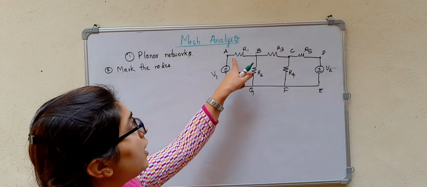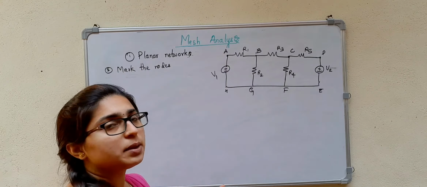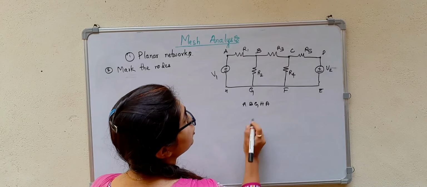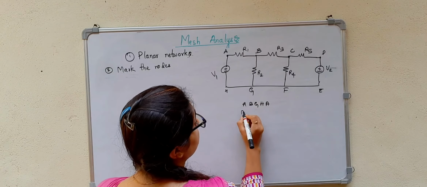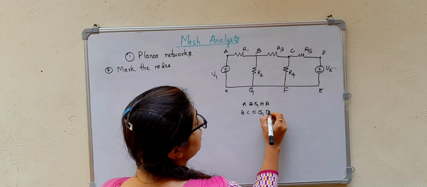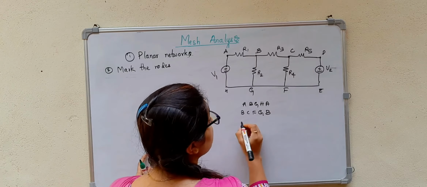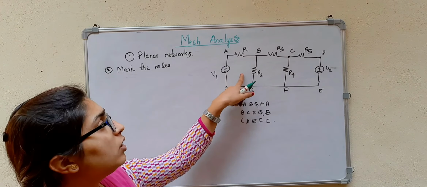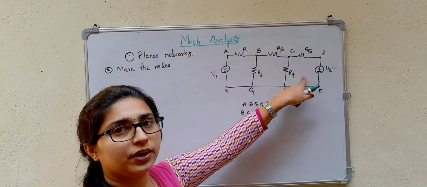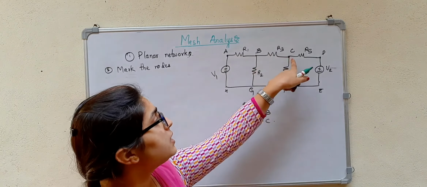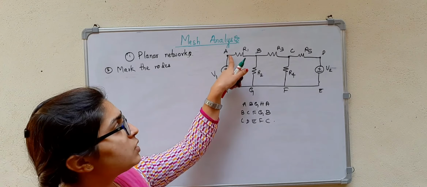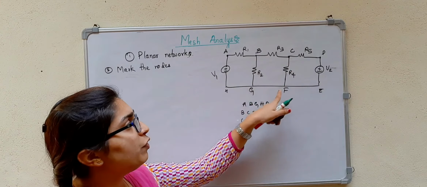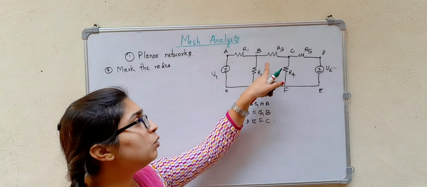Now we can say ABGHA is a mesh. BCFGB is a mesh. CDEFC is also a mesh, because they do not contain any other loop inside. But if I consider ABCFGHA, this also starts from the same node and ends at the same node, traveling through various nodes without traveling through a node twice.